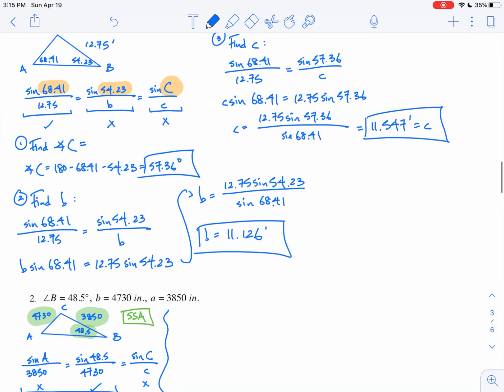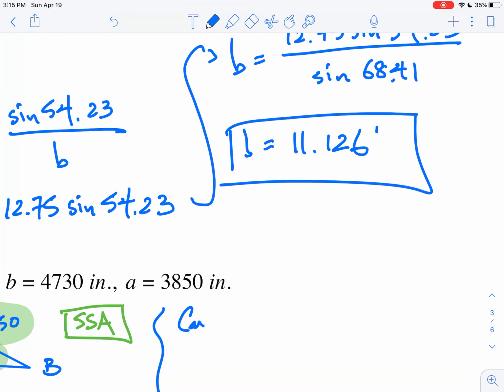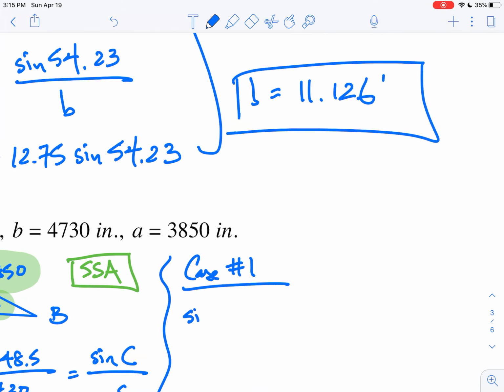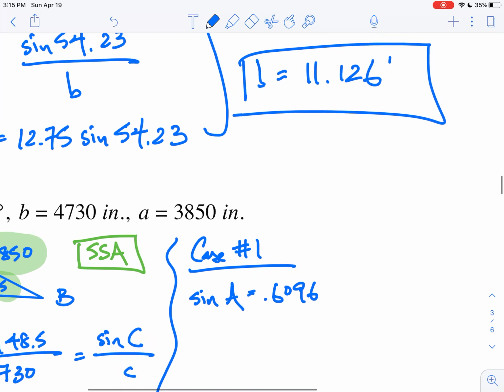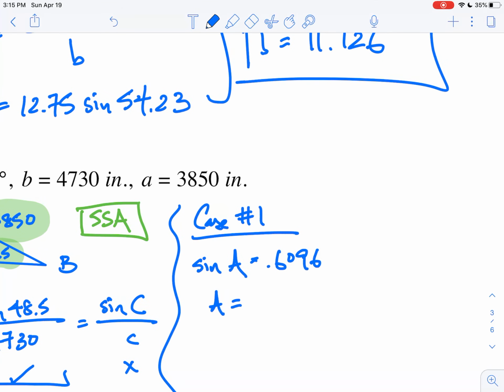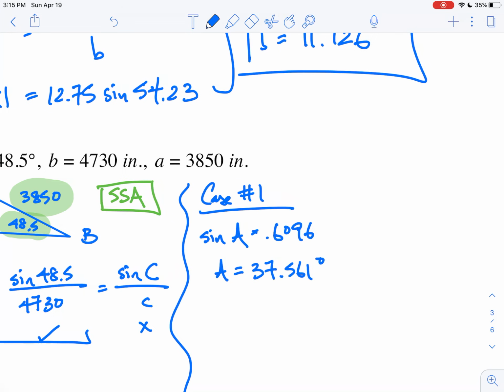Okay, so case number 1, I do sine of A equals 0.6096. So if I take the inverse sine of both sides, I'm going to get A equals 37.561 degrees as a possibility. All right.